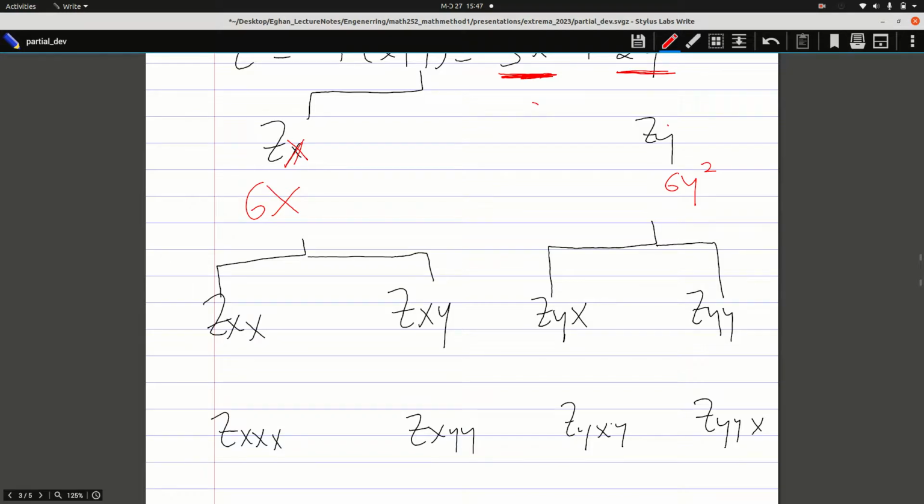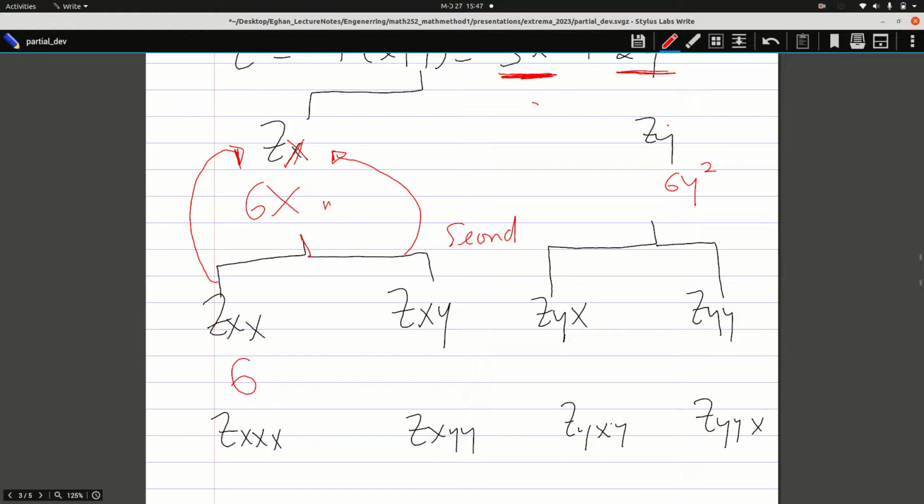Let's move to the second partial derivative. I can still branch from here and then find zxx. What do you think zxx would be? It means go back to the zx and differentiate with respect to x again. I'll simply get 6. The same thing, go back to the zx and differentiate with respect to y.